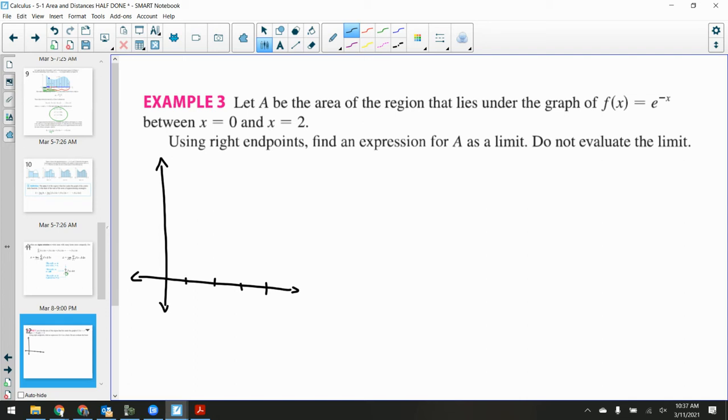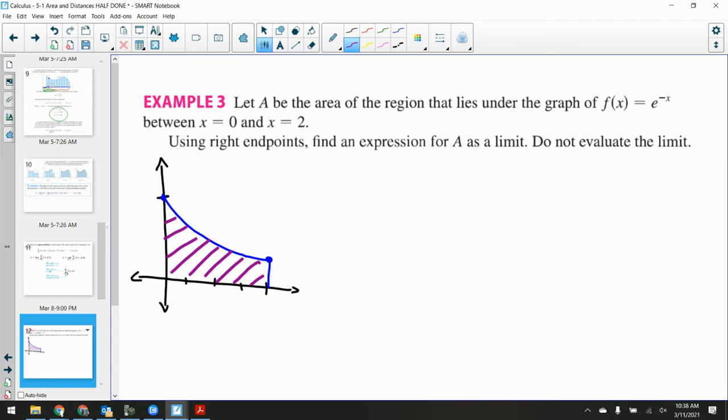What would it be at 0? e to the 0 would be 1. So we're starting here and ending somewhere here. The goal here is to find the area of that piece.